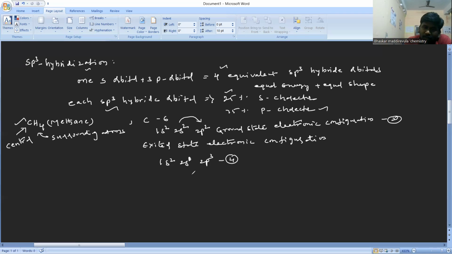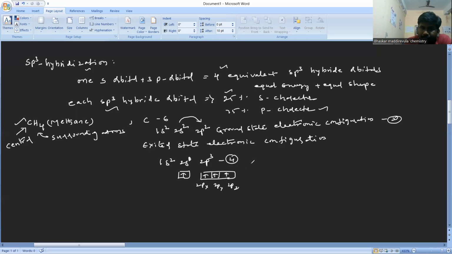Now, you see like this. There is one unpaired electron in the s orbital, and the 2px, 2py, and 2pz each have one unpaired electron.